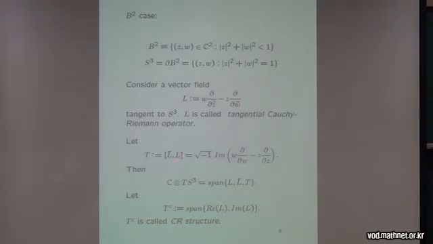So anyway, this tangent space is three-dimensional, so we have three complex vectors, L, L bar, and T. And T bar is just a constant times T, so we have three linearly independent complex vector fields. And we choose, this is important, the real part and imaginary part of the tangential Cauchy-Riemann operator, and we call this the CR structure. So CR stands for Cauchy-Riemann. For short, we call this the CR structure.